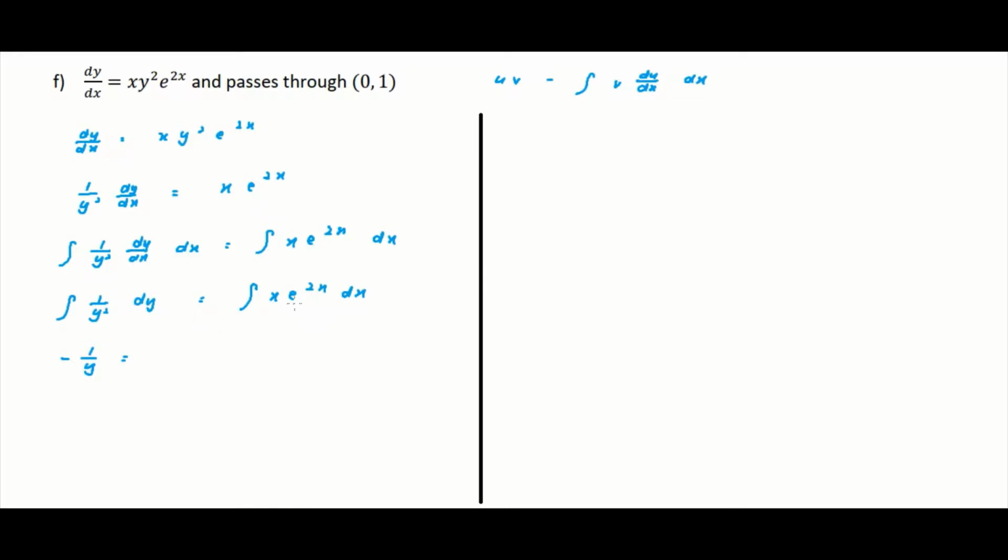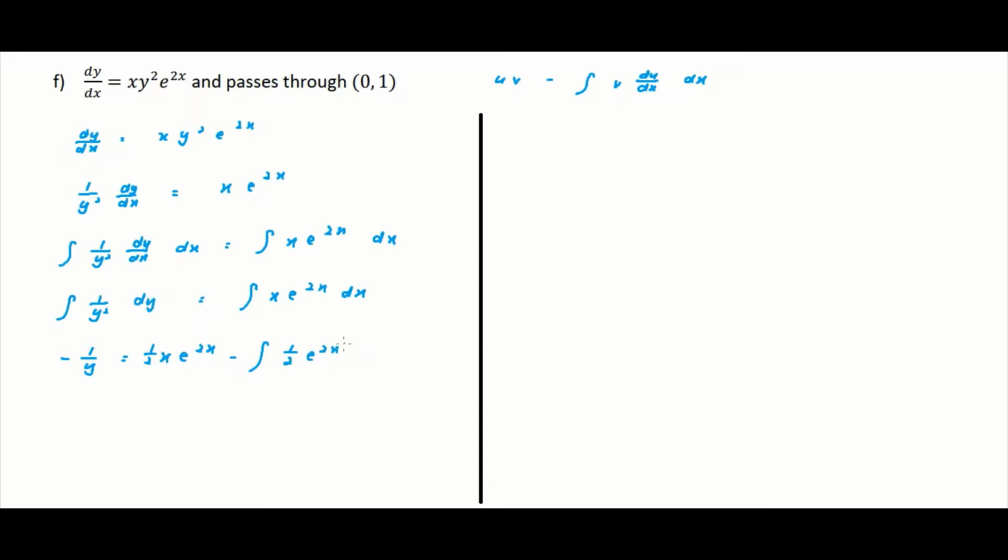So uv, your u is x. Then when you try to integrate this, what do you get? You get 1 over 2 e to x, right? Continue with minus integrate v, your v is the same thing, which is 1 over 2 e to x.